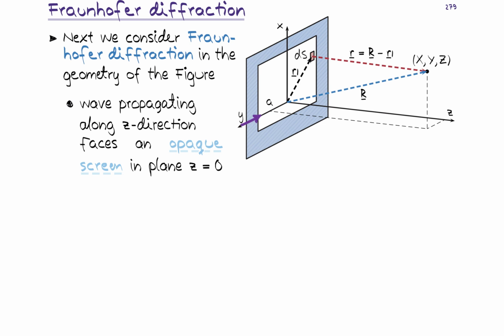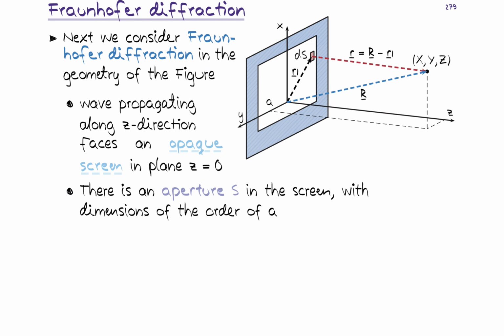So a corresponds to the width or rough radius of the aperture. The aperture S is at the location z equals 0, and that allows light to propagate through and also diffract. The dimensions of this are of the order of a, as I explained a minute ago.